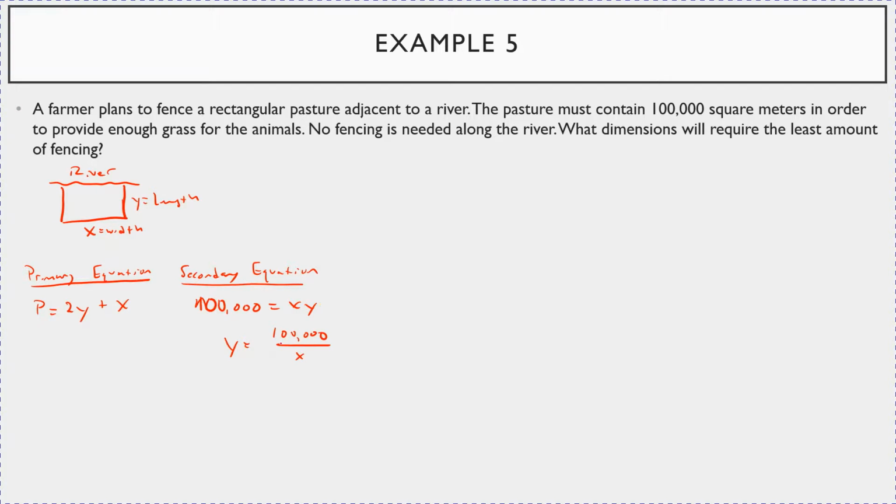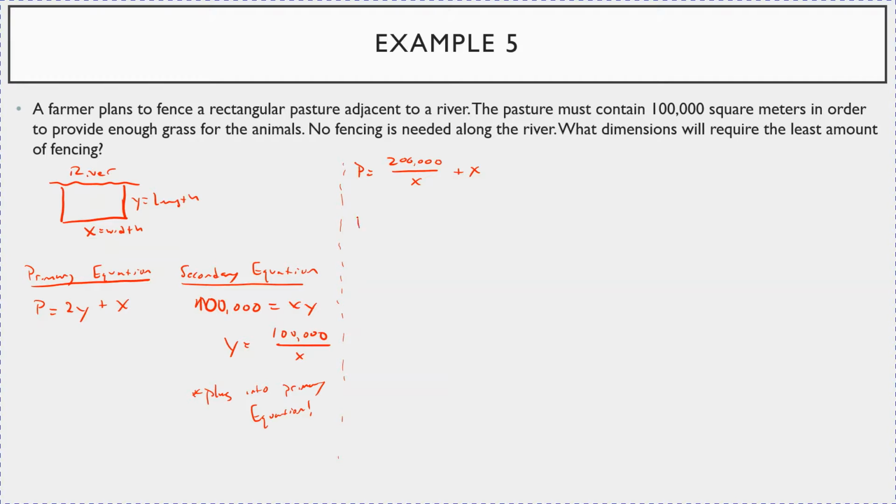So look, you're literally just going to plug this in, okay? And I'm going to move it over here to the right. All right, so then our perimeter is equal to 2 times y. Well, 2 times 100,000 would be 200,000 over x, plus x.